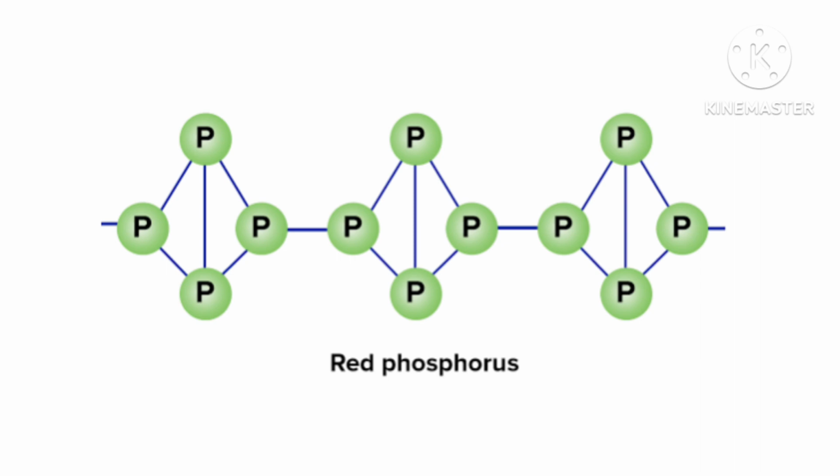It is absorbed in HI, hydrogen iodide, to form phosphonium iodide, which on treating with KOH gives off phosphine, which means it will remove PH3. The reaction is PH4I plus KOH. It will give three products. The first product is KI plus H2O plus PH3, meaning PH3 is going outside.